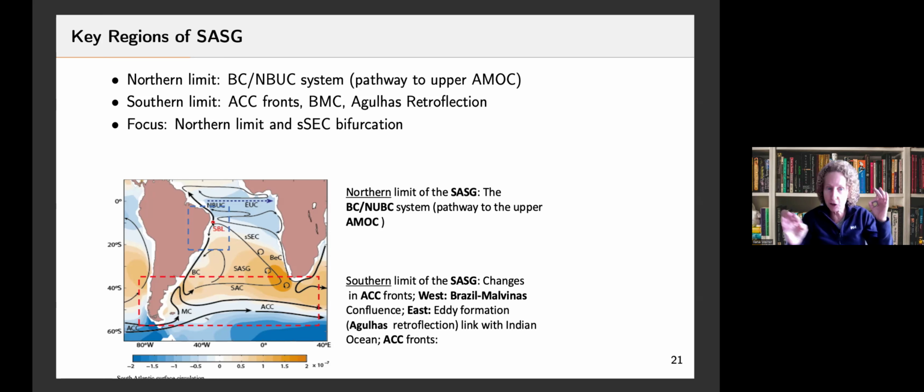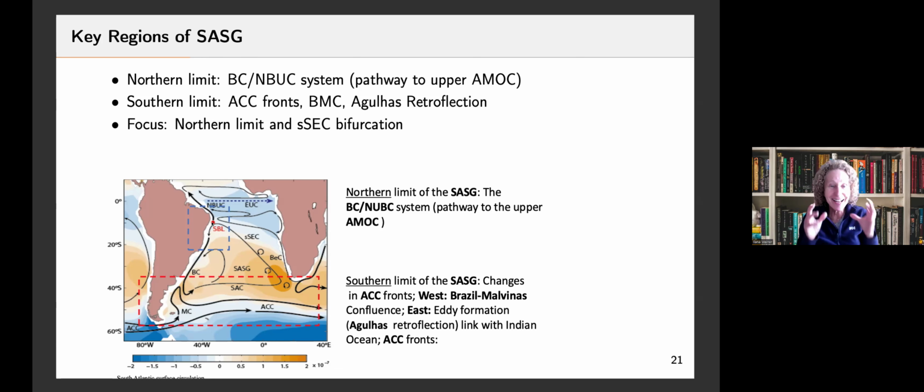And maybe in another opportunity, I will talk to you guys about the latitude of the bifurcation of these two currents, the North Brazil undercurrent and the Brazil current. This bifurcation is exactly what gives you the measure of how much heat is going north, part of the AMOC, and how much is going south, into the Brazil current, contributing to the intensification or weakening of the South Atlantic gyre.